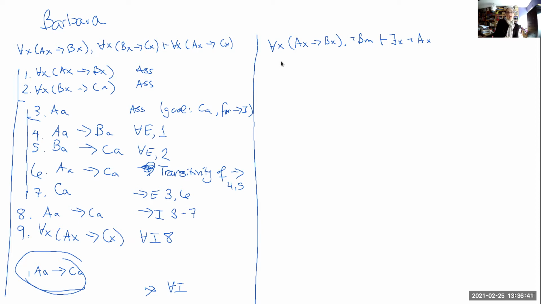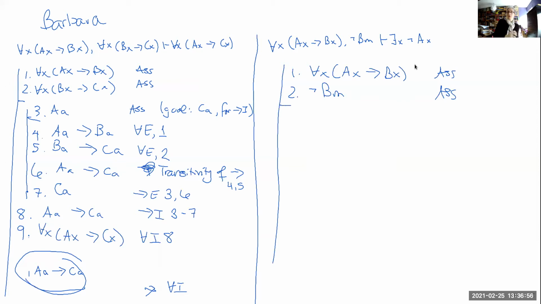So let's look at our second example. Start off by writing down our premises. This one says every A is B. And then we have something here that says, well, M, some particular object, is not B. And from this, we want to prove that something is not A. Now, there are a number of different kinds of things that you could do, but I really encourage you, at this point, to stop and think about what your premises and conclusion are saying.